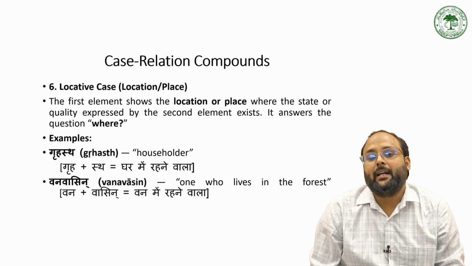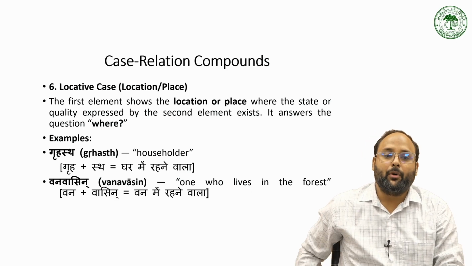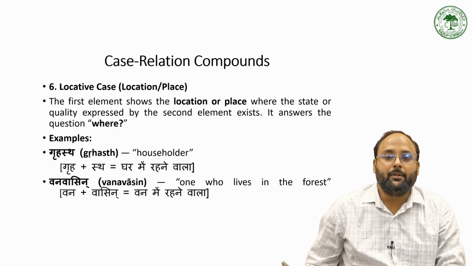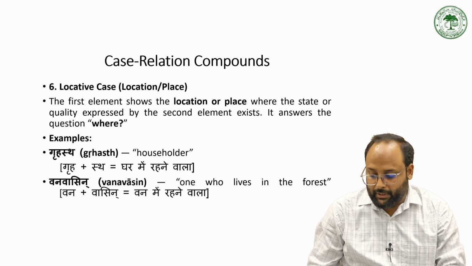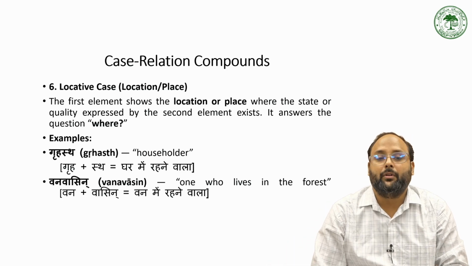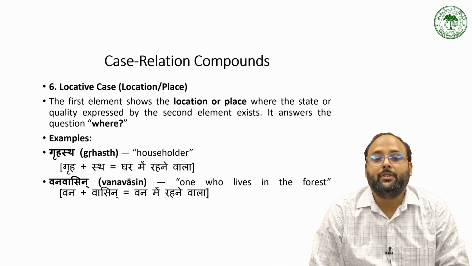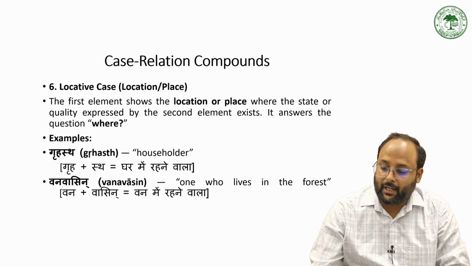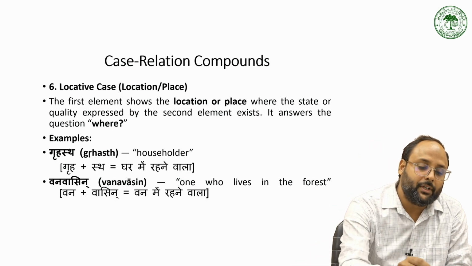And the sixth type of case relation compound is the locative case compound. In the locative case compound, the first element shows the location or place where the state and quality expressed by the second element exist.